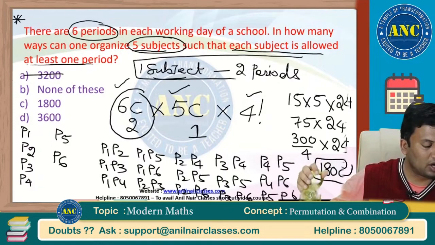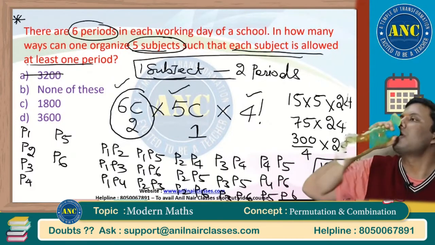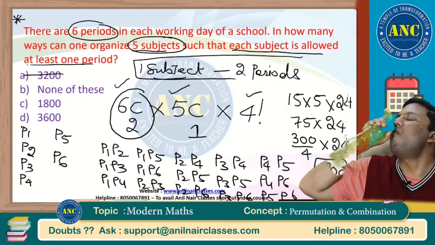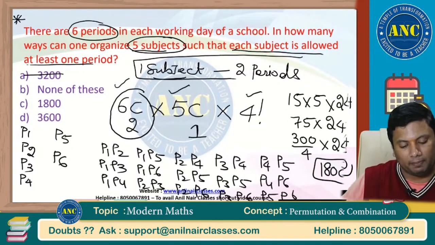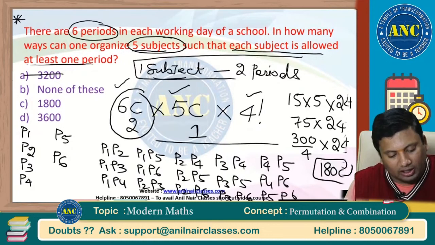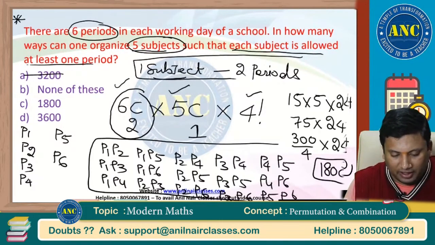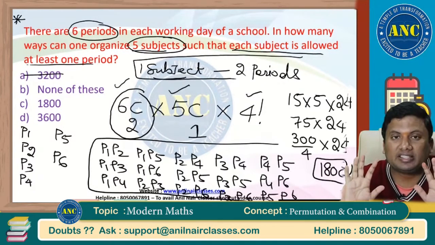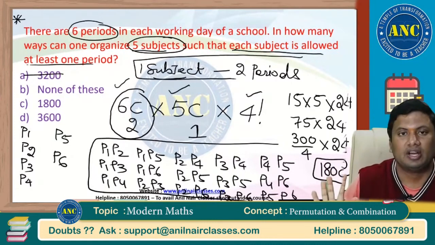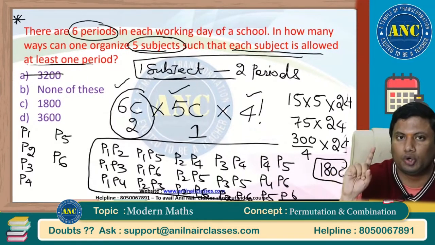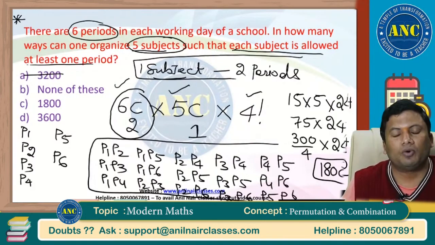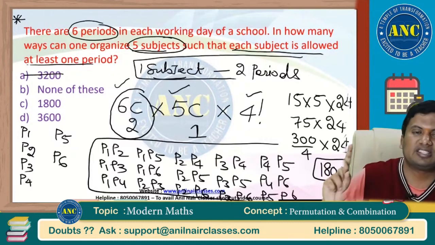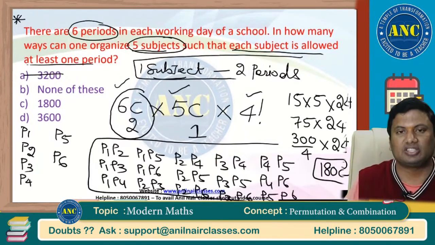I hope this logic is clear to you. You don't need to write all the pairs P1, P2 and so on. Again, for the second time: there are 5 subjects and 6 periods, so definitely 1 subject will be repeated in 2 periods. Step 1: select any 2 periods from 6 where the same subject is taught, 6C2.